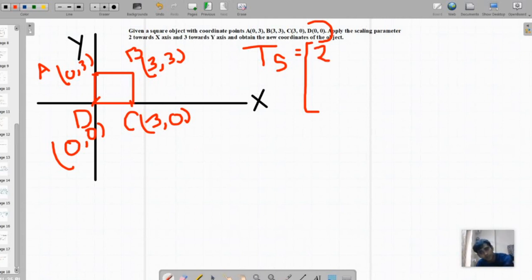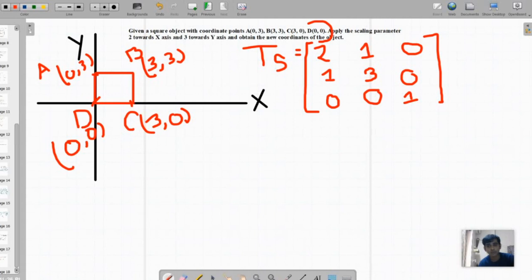Then 0, then 1, then you have Sy here, and Sy indicates the scaling factor along the y-axis, and in this problem it is 3. So write 3 here, then 0, and the last row for homogeneous coordinate introduction, and here goes our scaling matrix.